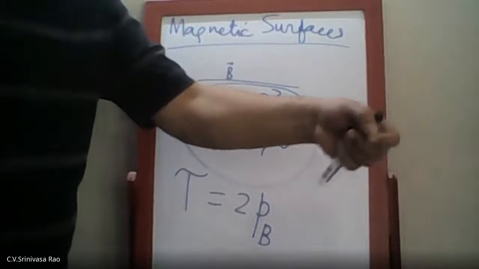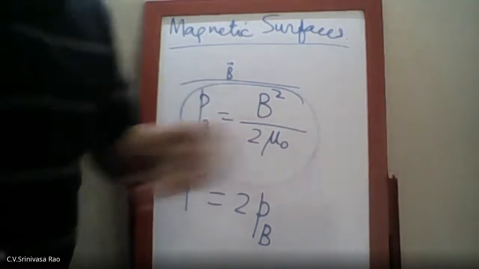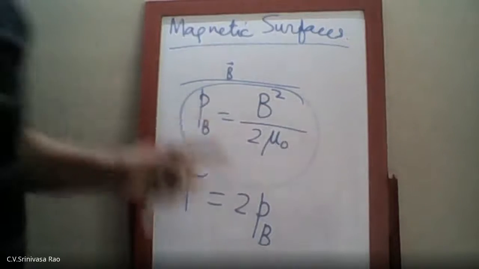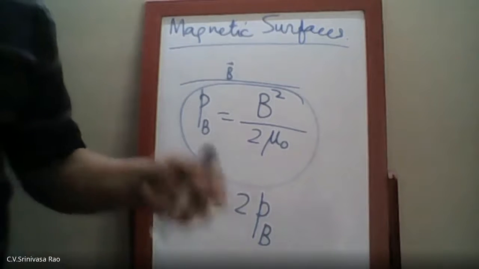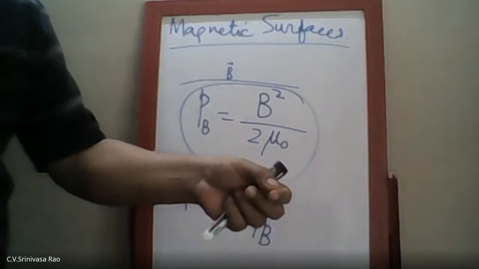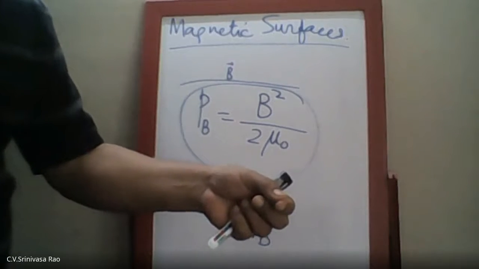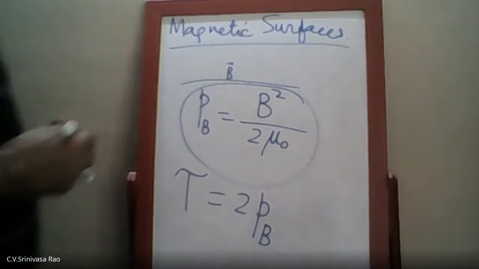If you have a string and you vibrate it at one location, there will be waves moving along the string. Something similar will happen to the magnetic field lines also, because there is a tension in the magnetic field lines. If you do a small perturbation at one end, that perturbation will travel along the field line. So these are called Alfven waves.